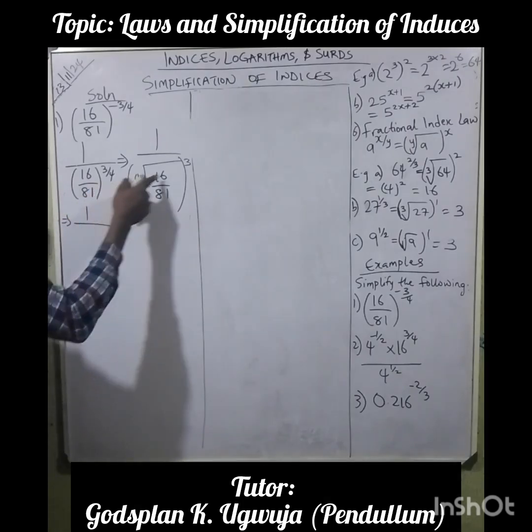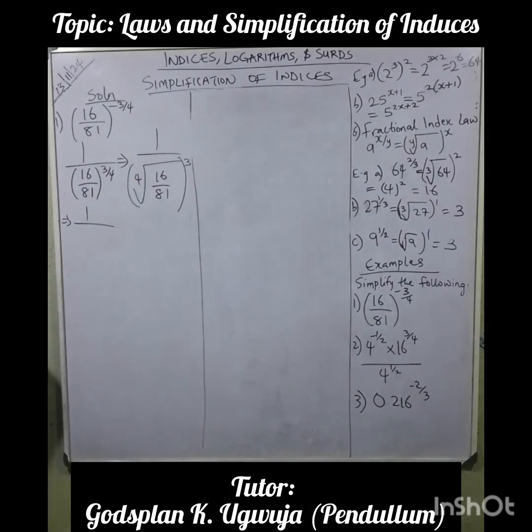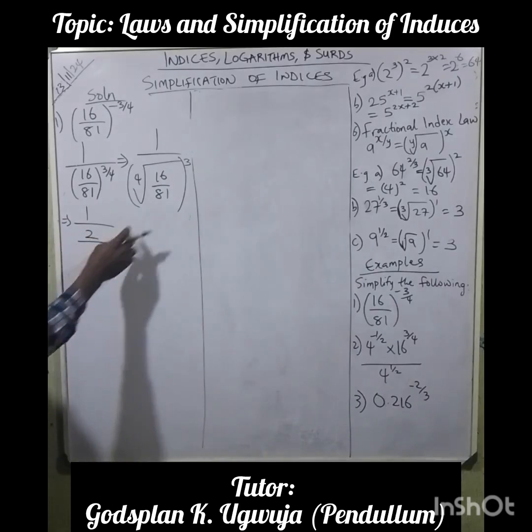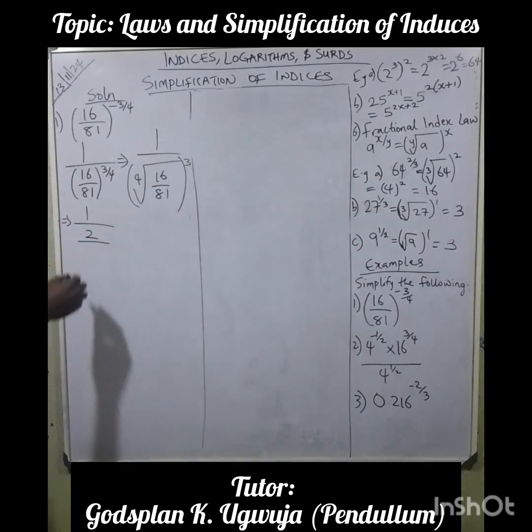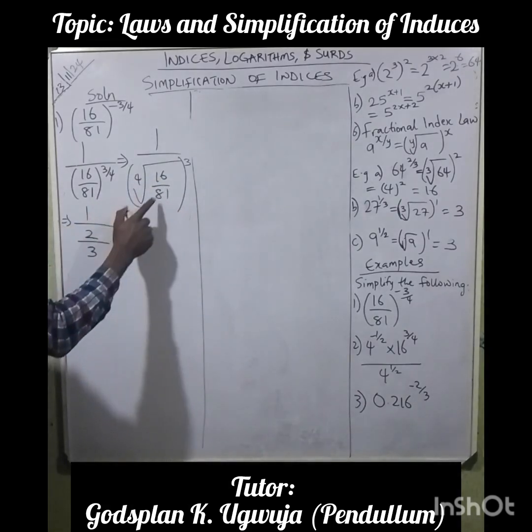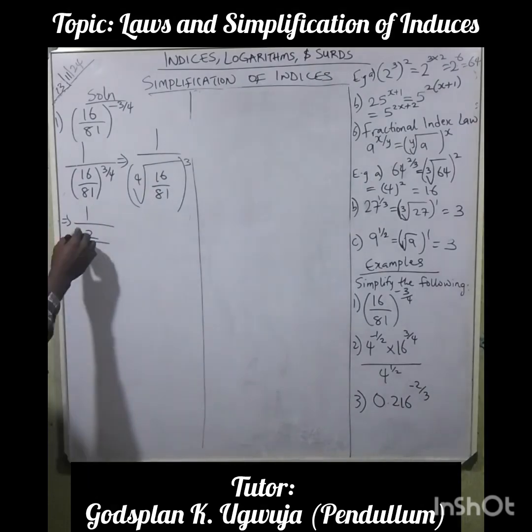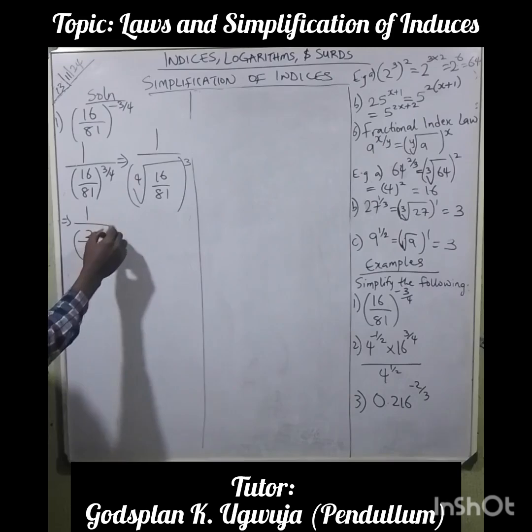Now, what is the fourth root of 16? That means what number will multiply itself 4 times to give you 16? That number is 2. 2 times 2 is 4, times 2 is 8, times 2 is 16. So the fourth root of 16 is 2, all over. The fourth root of 81 is 3, because 3 will multiply itself 4 times to give you 81. Remember, everything here is still raised to power 3.